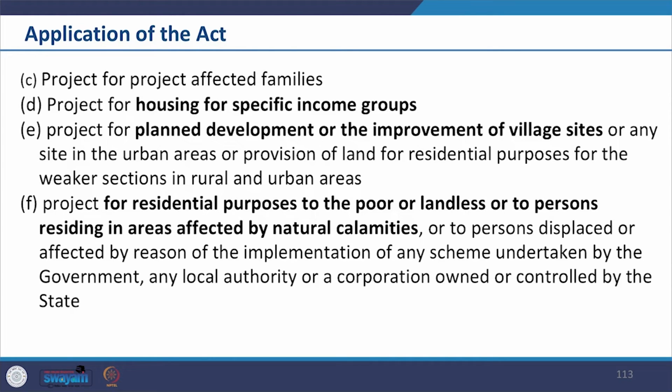Further, it also includes projects for project affected families, and then also projects for housing for specific income groups, projects for planned development or improvement of village sites, and projects for residential purposes for the poor or landless or for persons residing in areas affected by natural calamities.